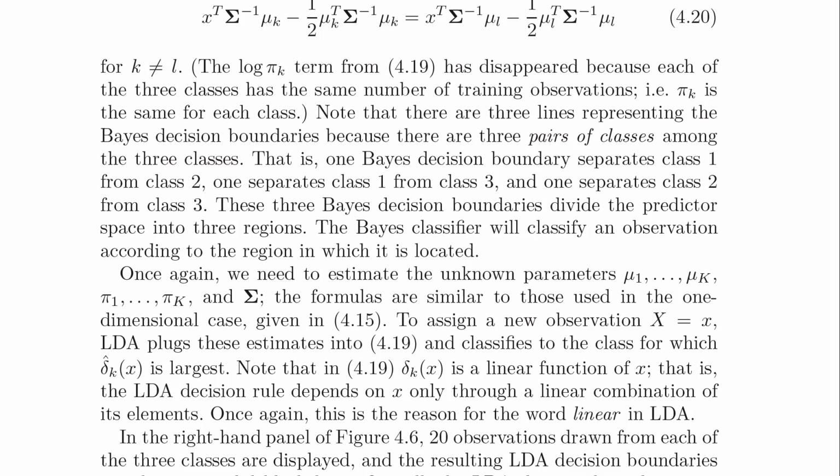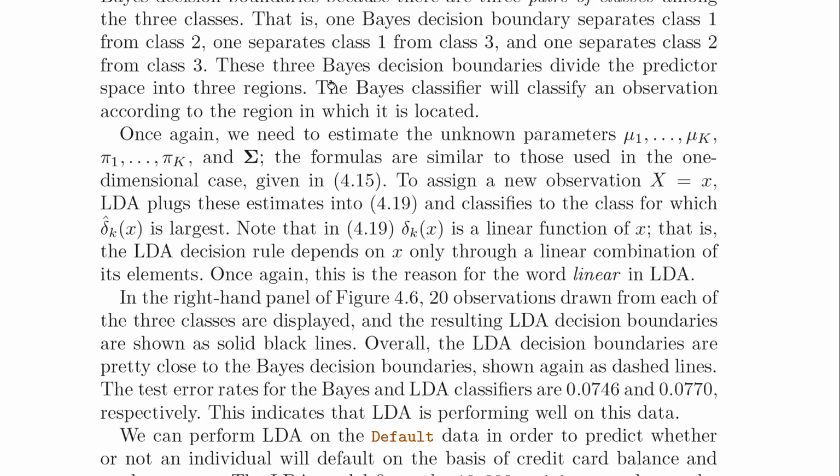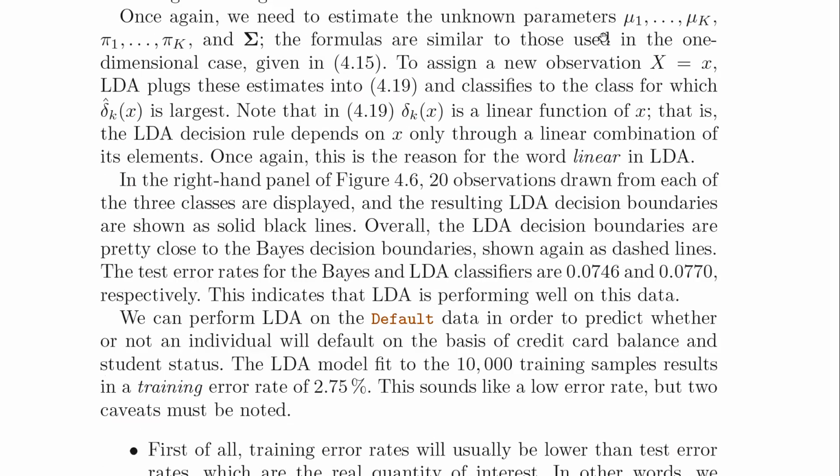And I think we've understood this. Once again, we need to estimate the unknown parameters. So in real life, you wouldn't know the true mean of each multivariate distribution. Neither would you know the priors, which appear in Bayes' theorem.